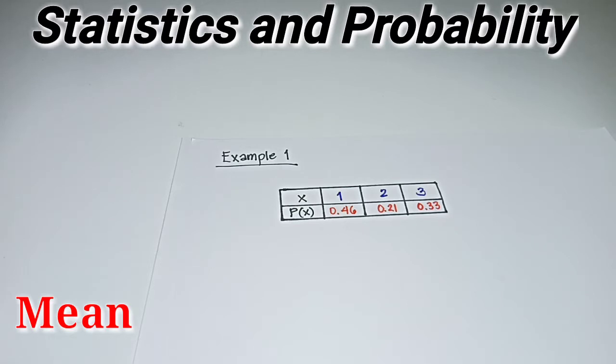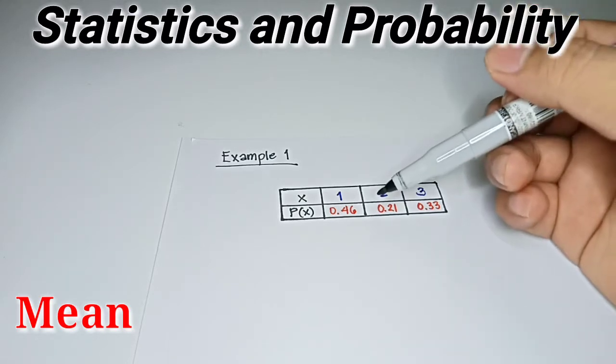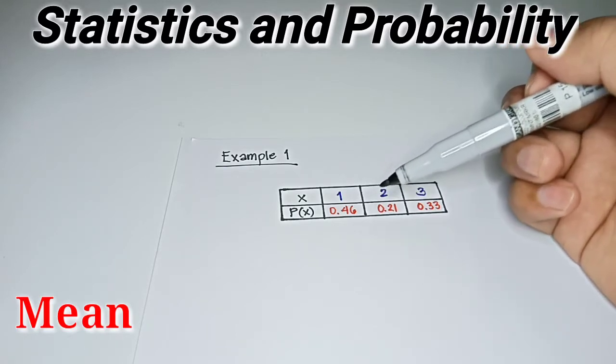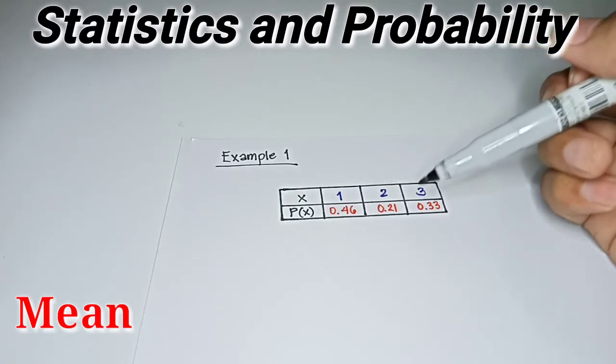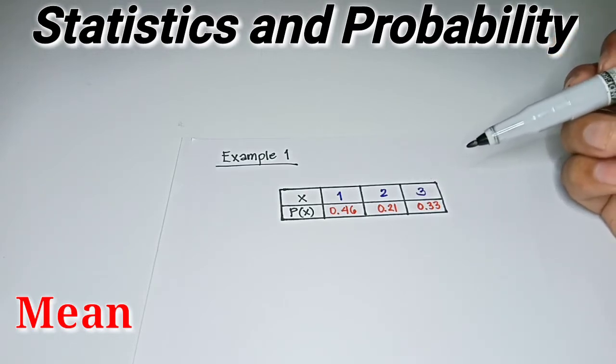Suppose example number 1, let's consider this probability distribution with random variable x and values of 1, 2, and 3 with the probabilities for 1 of 0.46, for 2 0.21, and for 3 is 0.33.